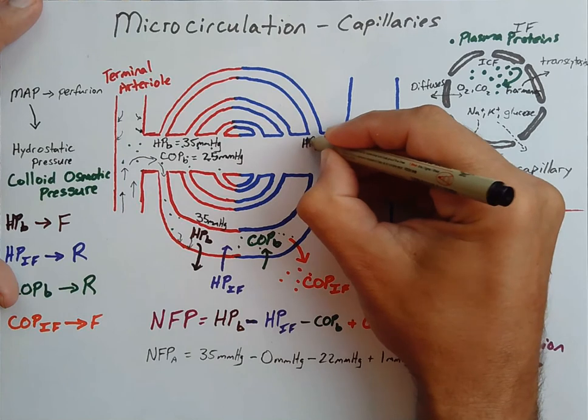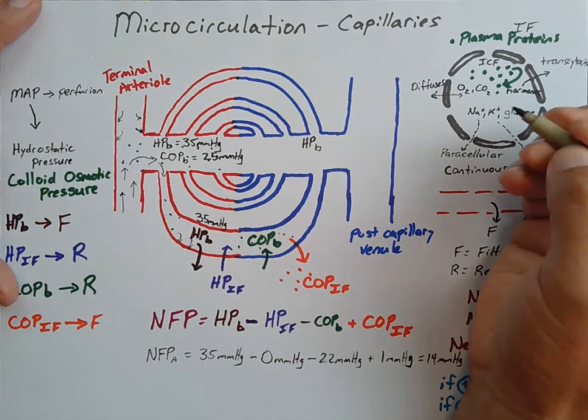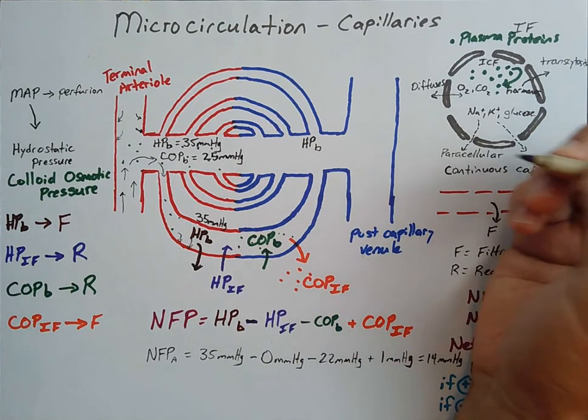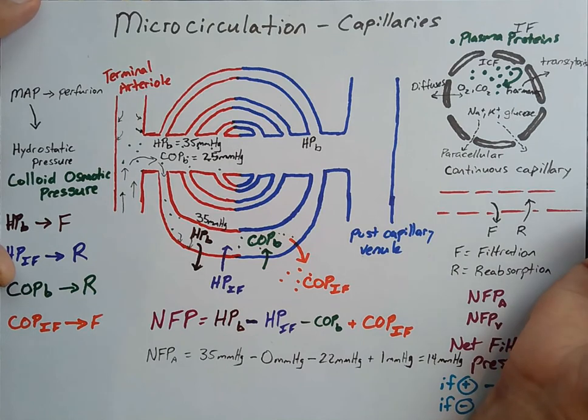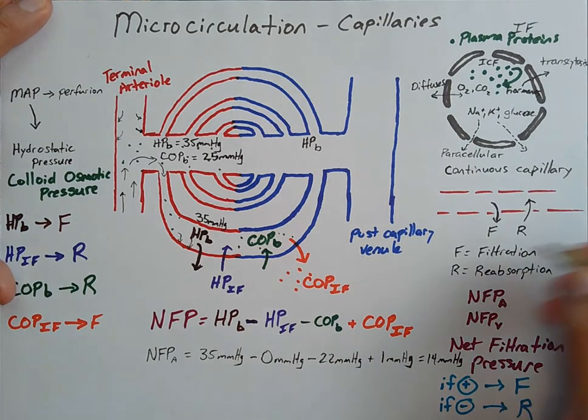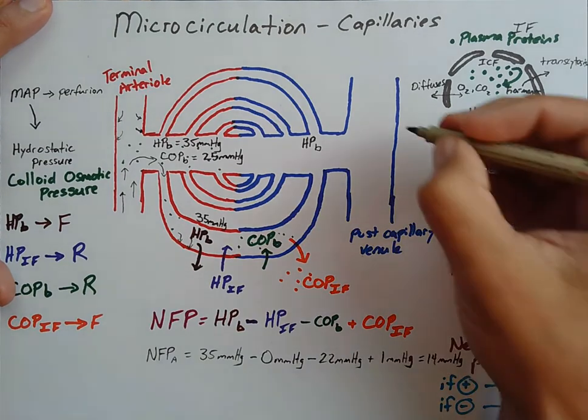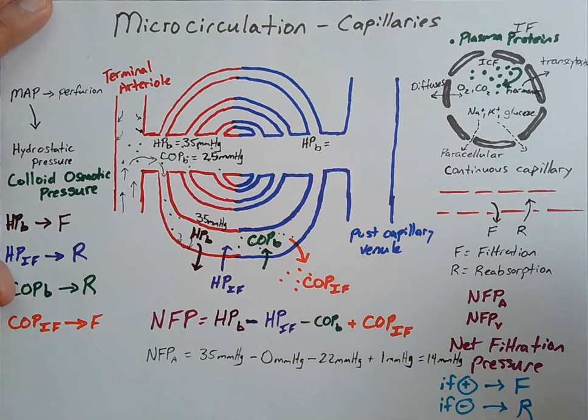Okay, it just continues to drop and drop and drop. There's all sorts of values you're going to find in your books for this, anywhere between 14 millimeters of mercury to 20 millimeters of mercury. Let's just go ahead and write approximately 15 millimeters of mercury just to make it easier.